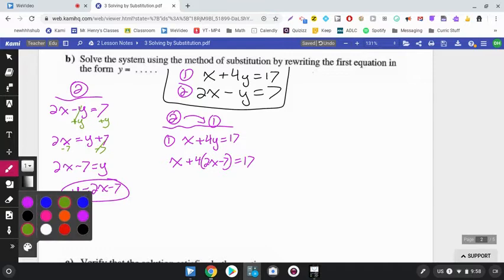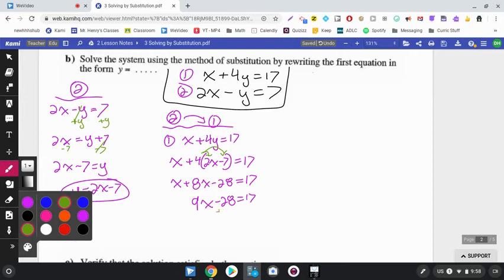And now I go through the whole algebra process just like the other one. Because now x plus 8x minus 28 equals 17. That's all x's. There's nothing to worry about. 9x minus 28 equals 17.